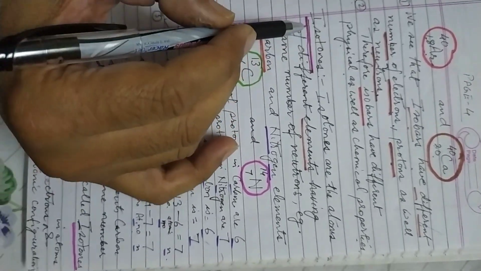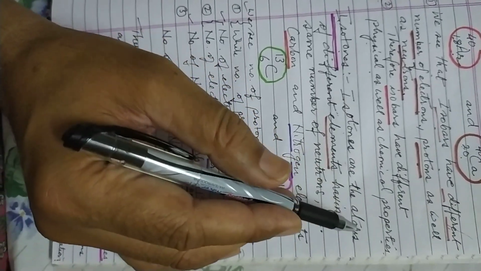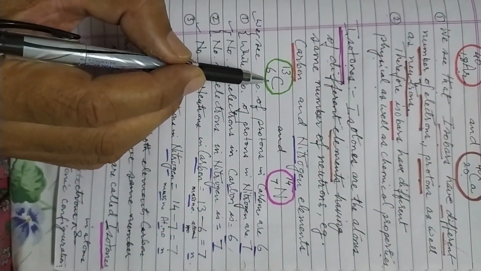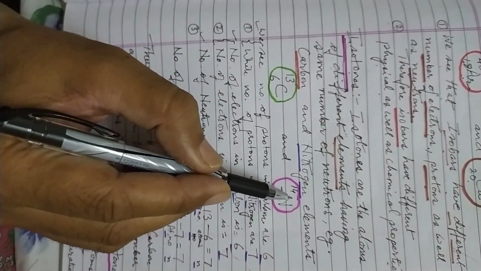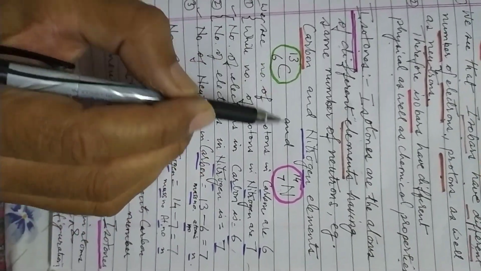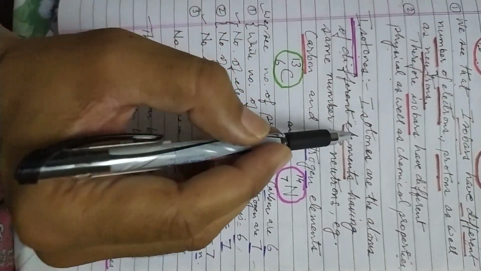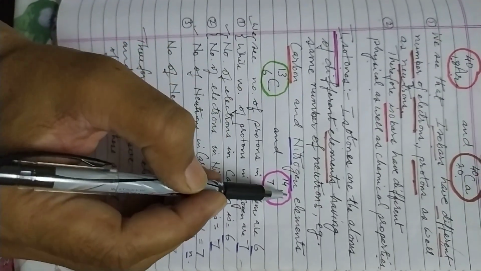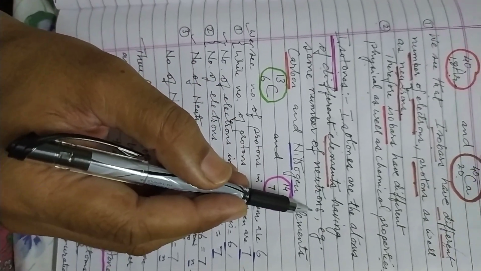Now, let us come to isotones. What are isotones? Isotones are the atoms of different elements. We see carbon here with the symbol C and nitrogen here with the symbol N. These are different atoms of different elements. Isotones are the atoms of different elements having the same number of neutrons.